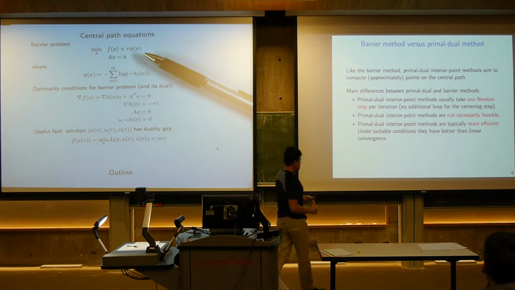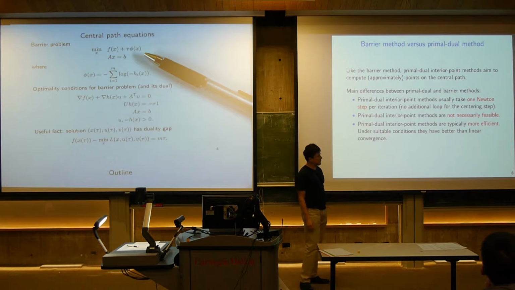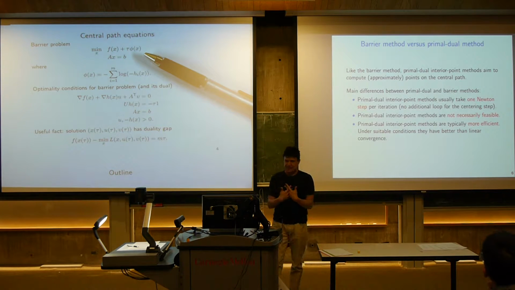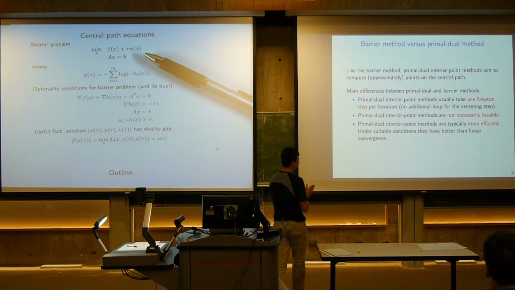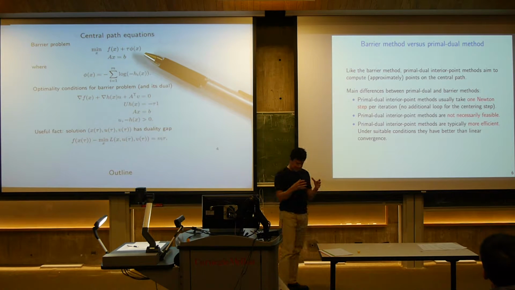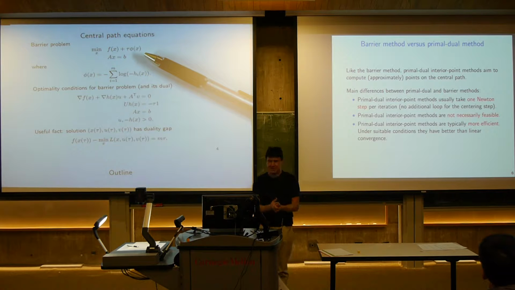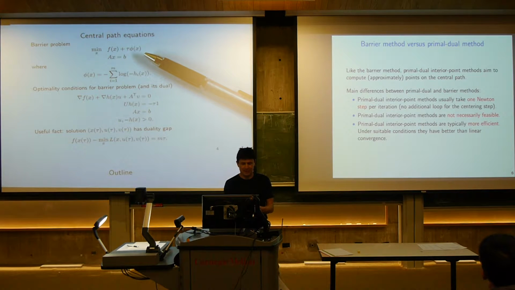And then, as I already mentioned, primal-dual interior-point methods are typically more efficient, both in terms of what the theory says about them, as well as what the computational experience suggests about how they work.